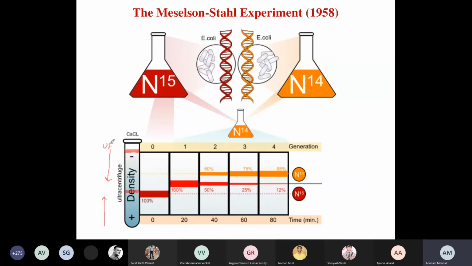Depending upon the molecular weight of the DNA, because the centrifugal force is proportional to the molecular weight of the DNA, the heavier the DNA is, the more it will penetrate before it comes to an equilibrium with the frictional force, right? And the distance traveled by the DNA will give you an idea about the molecular weight of the DNA.